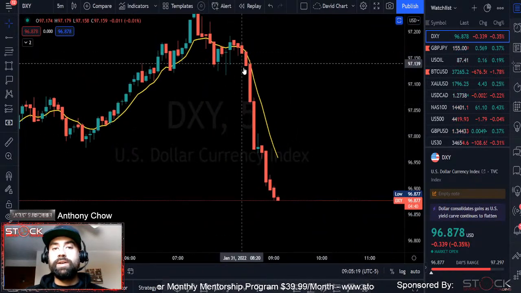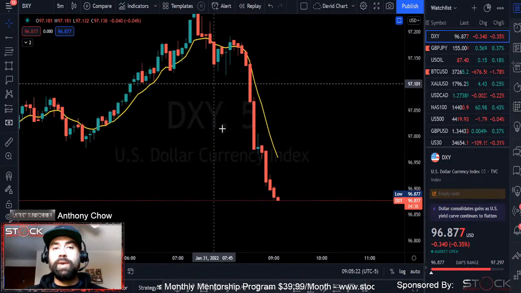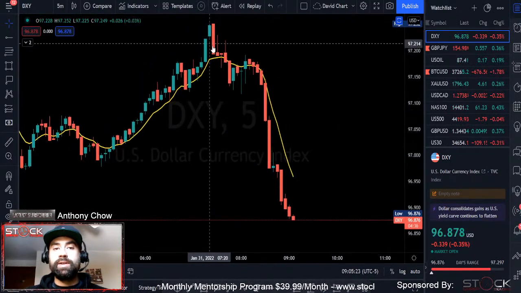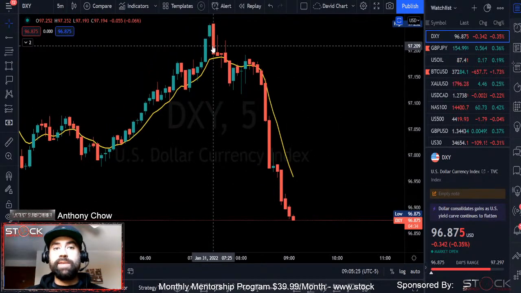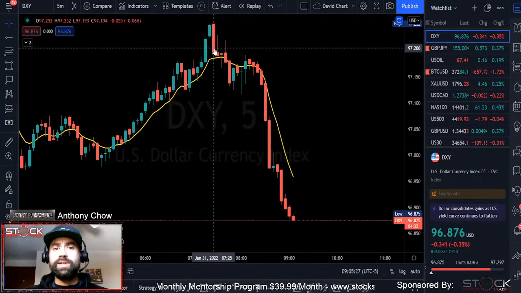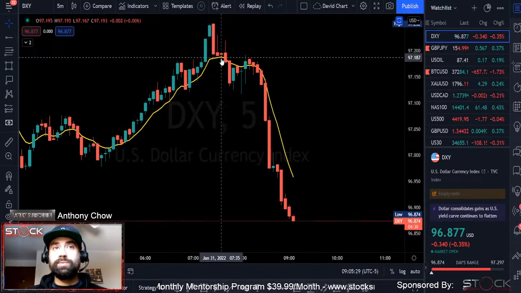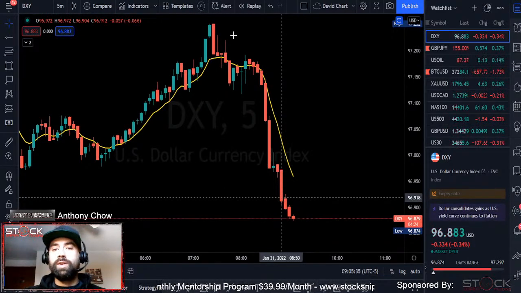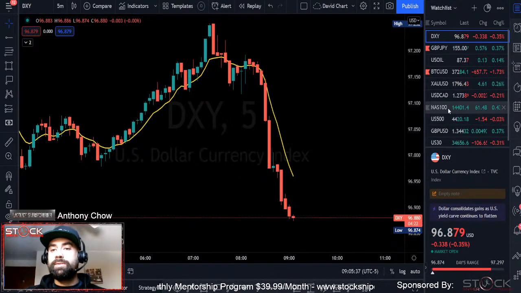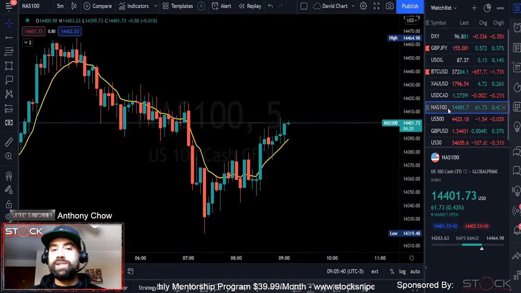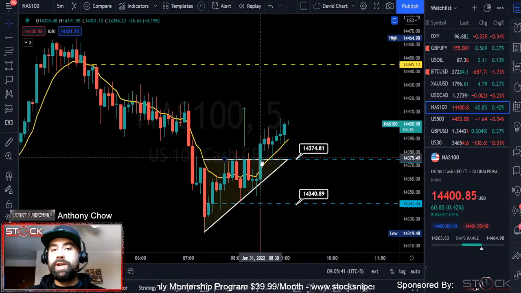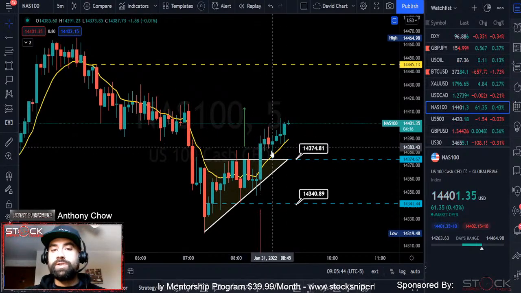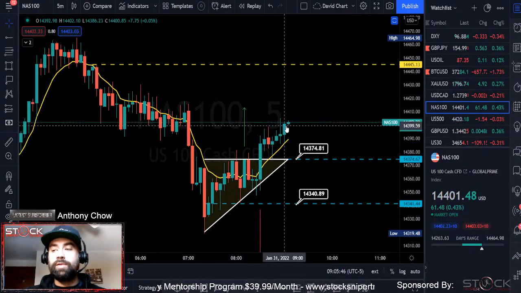Whatever happened at 725, you can see a bearish engulfing candlestick leading to the overall demise of the DXY. With that being said, see that Nasdaq is starting to ride a little bit. Remember we talked about the break. Here's a break, here's a retest, and then you have your confirmation.